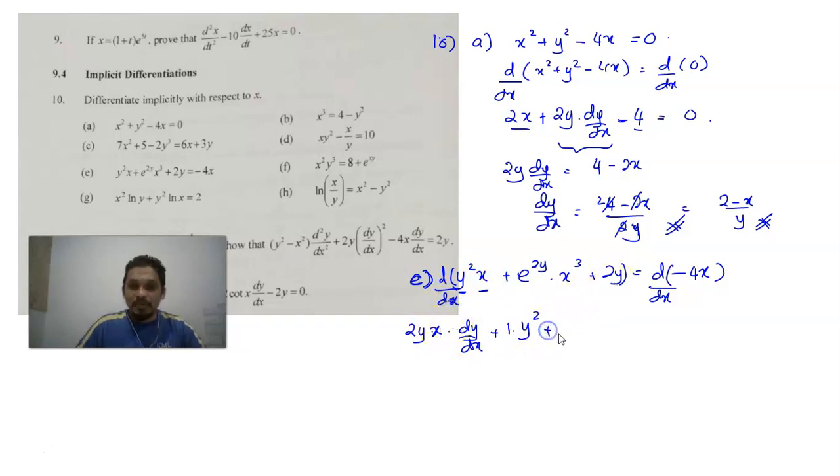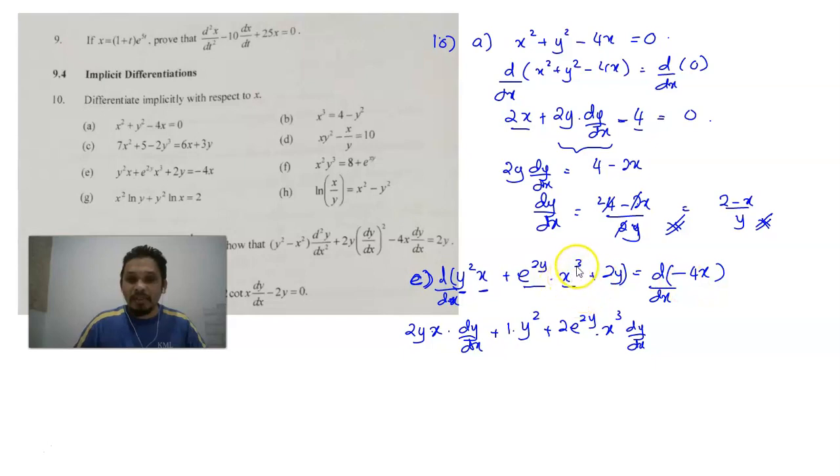Now plus, according to the question, e power of 2y multiplied by x cubed. We derive one by one. First, differentiate e power of 2y to get e power of 2y times x cubed, and because we derive y with respect to x, multiply with dy/dx.